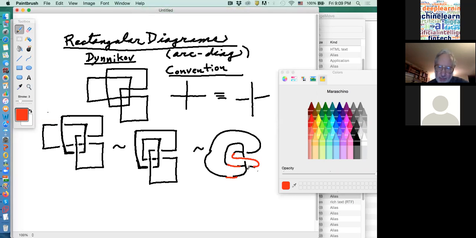Now, what do we have? Over, under, over, under, over, under. It is definitely alternating, and so it's reduced. We could simplify it a little bit more if we wanted to. We could go from here to here. And you see it's the trefoil.